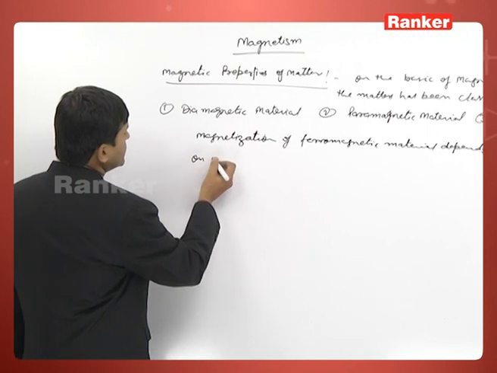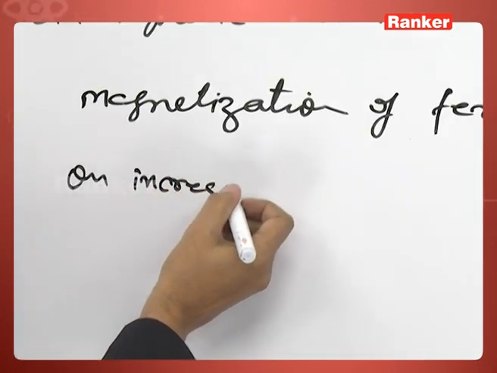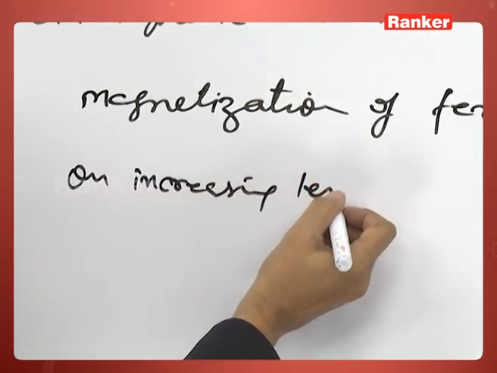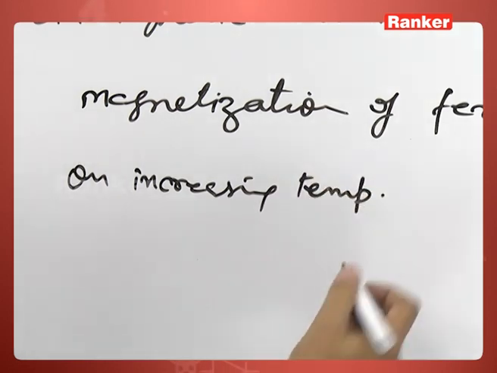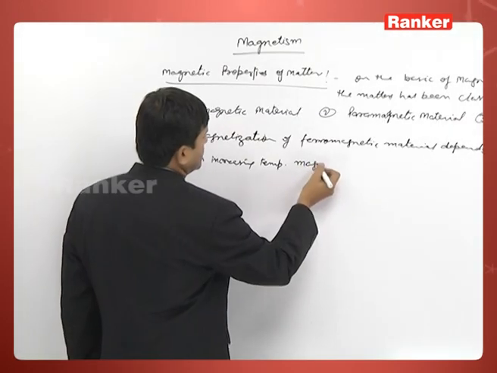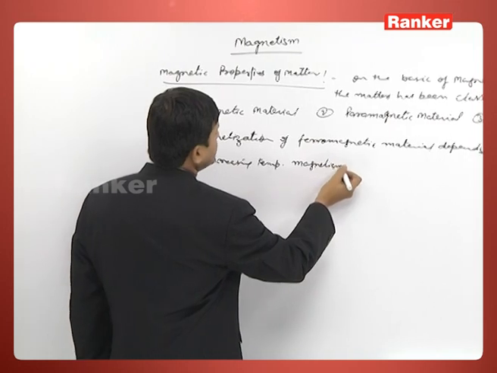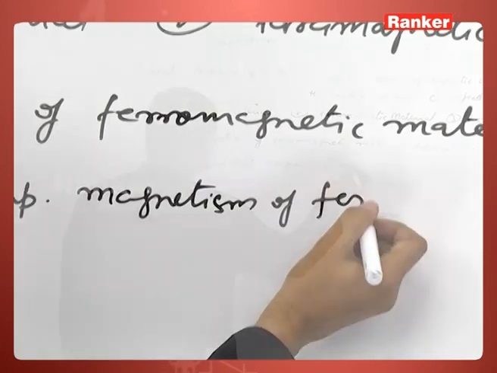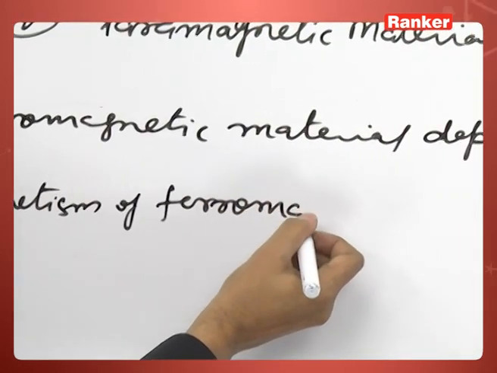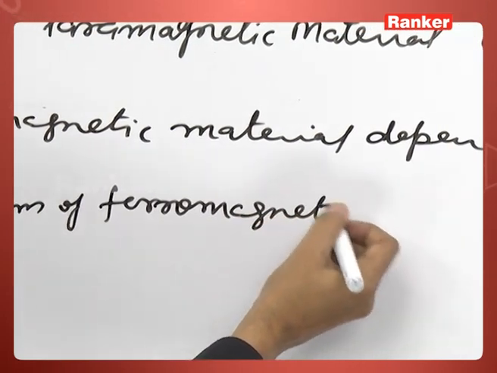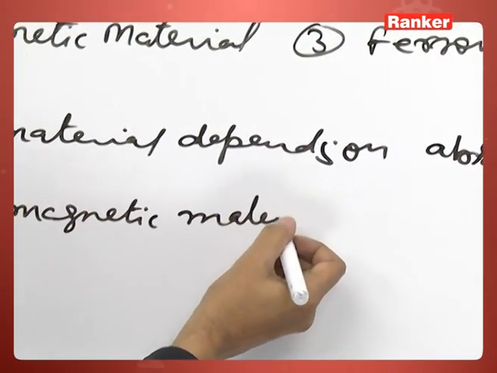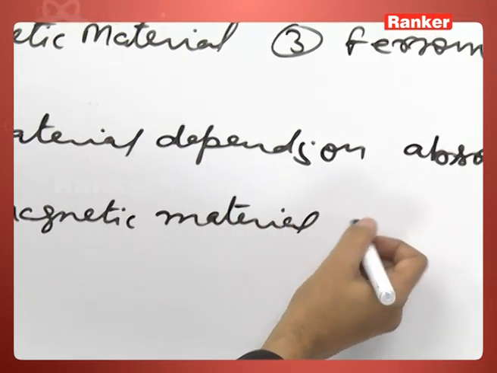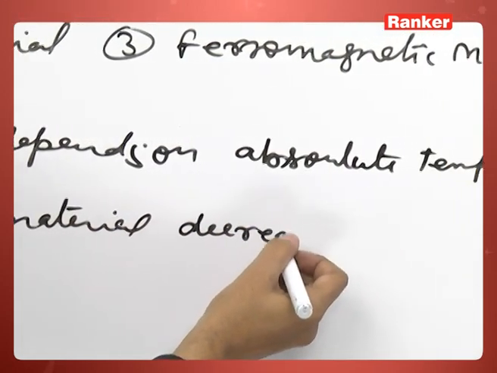So on increasing temperature, magnetism of ferromagnetic material decreases.